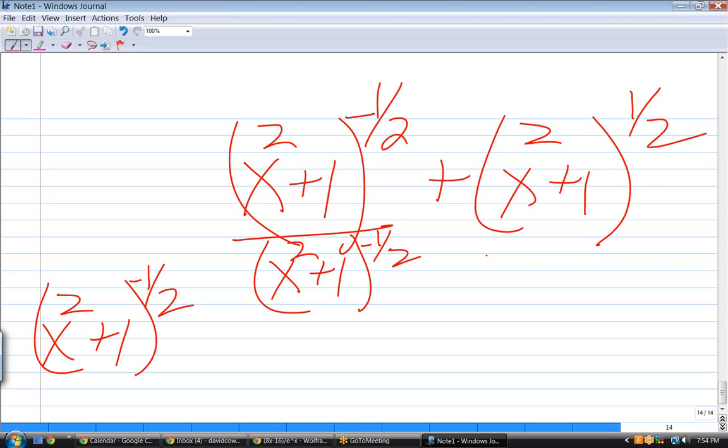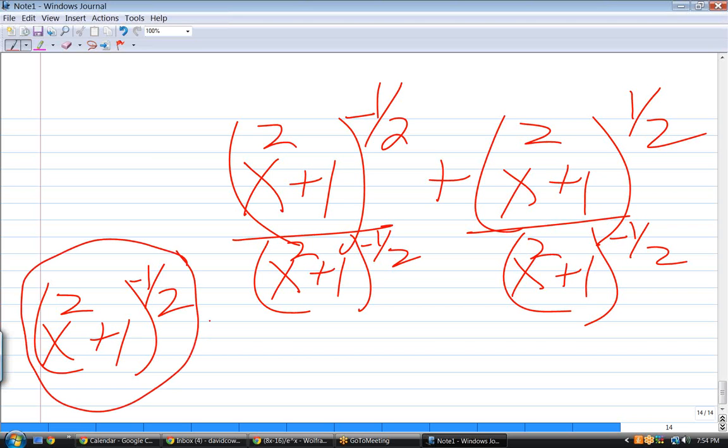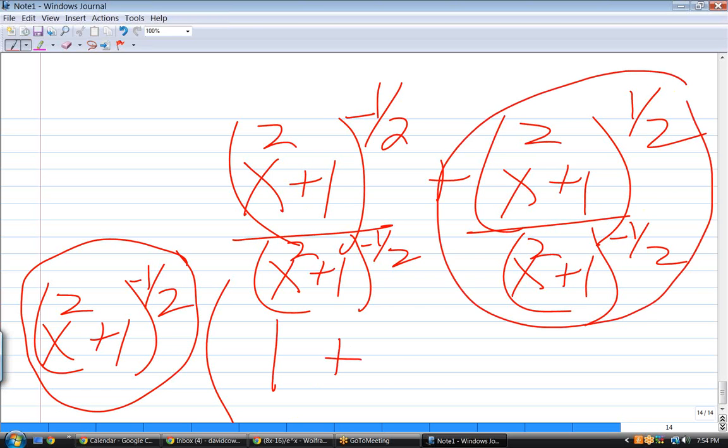One's 1 and 1. 1. But when I divide this by x squared plus 1 to the minus 1/2, notice when I subtract exponents, I get 1. So I get just x squared plus 1. So this is what I've factored out. What I have left over is 1 plus, that's x squared plus 1.